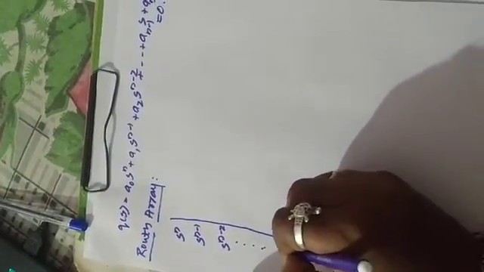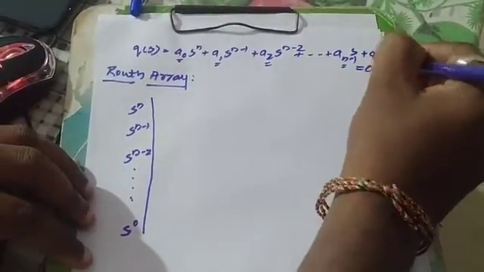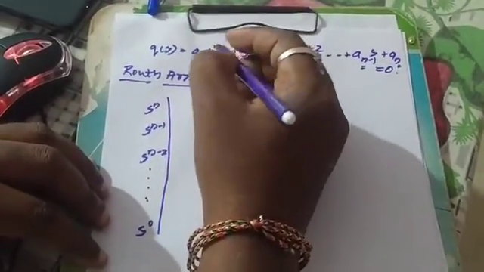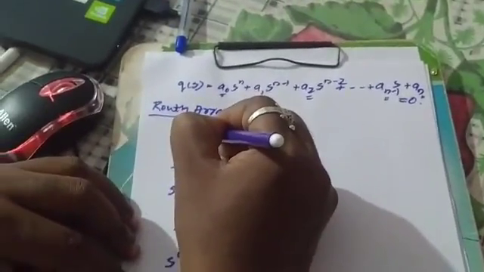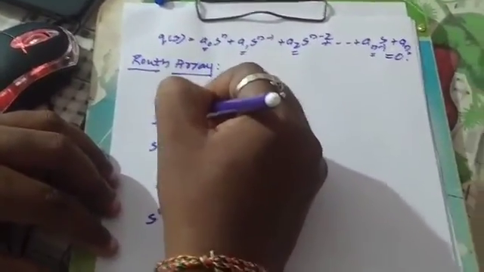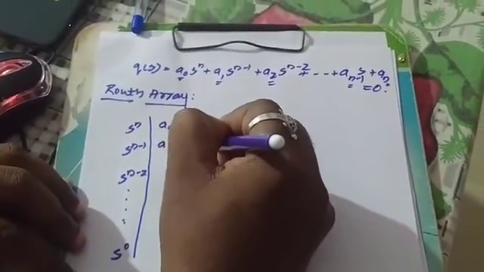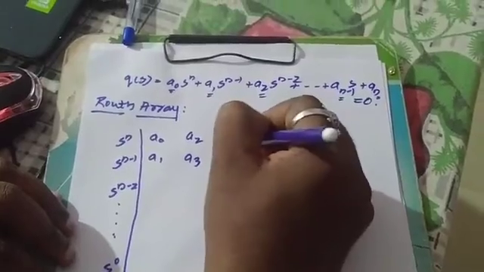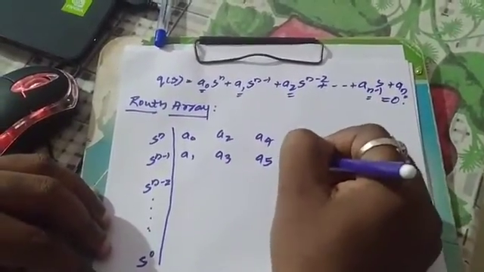Now here you write a naught, a1, a2, up to an minus 1 and an. So here you write the coefficients a naught, a1, a2, a3, a4, a5, a6, a7.